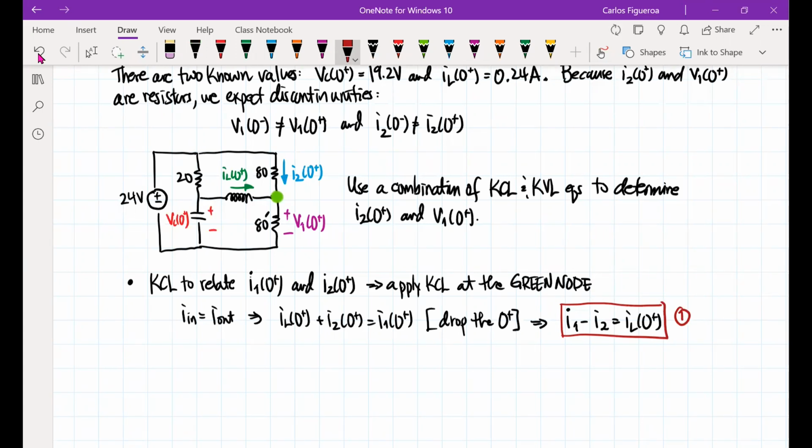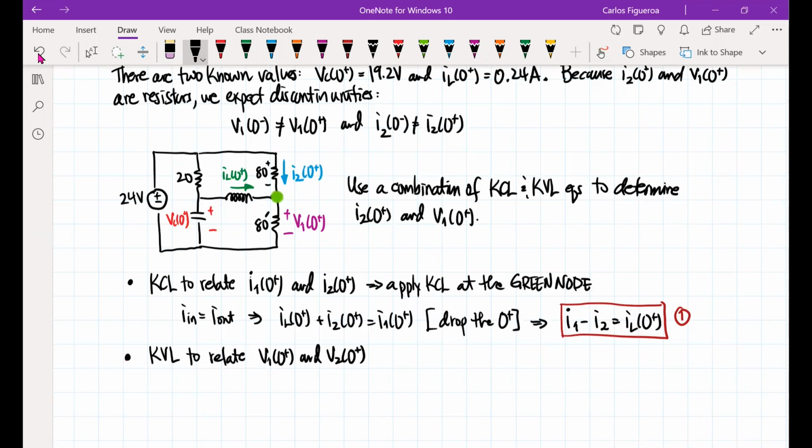The next thing I'll do is use a second equation, using KVL to relate V1 of 0 plus and V2 of 0 plus. If you look at the outside loop, I have V1, then 24 volts, and then the voltage of the upper resistor, which is going to have a polarity like this.